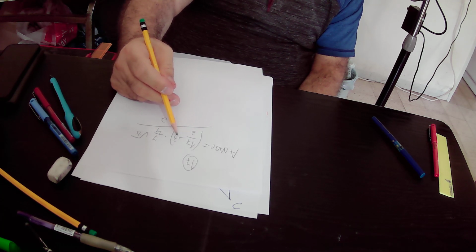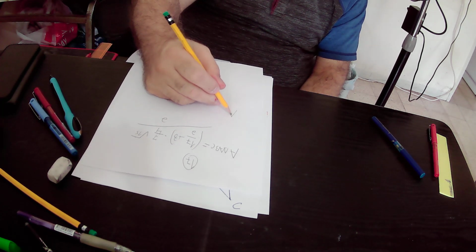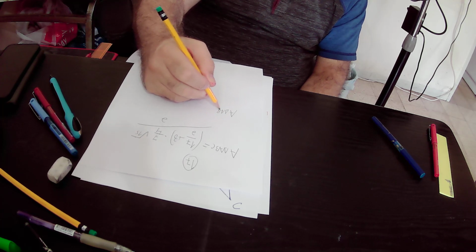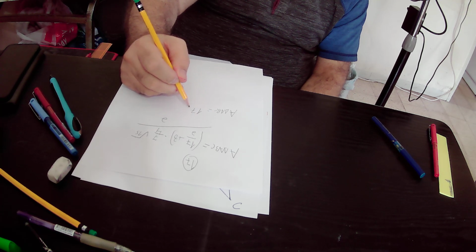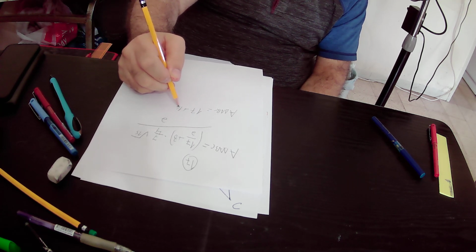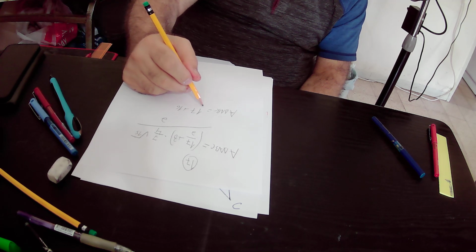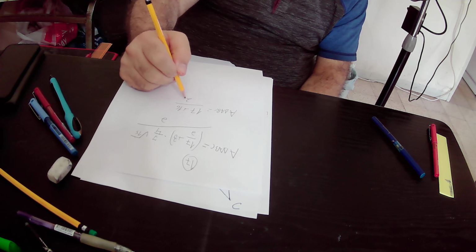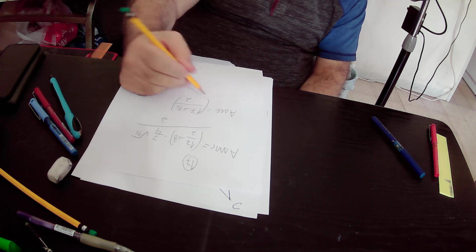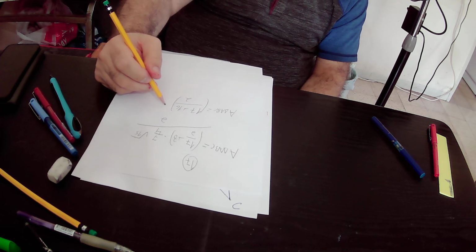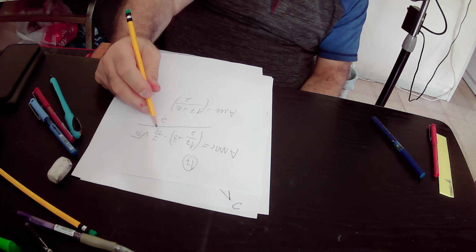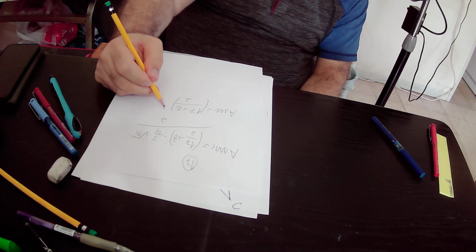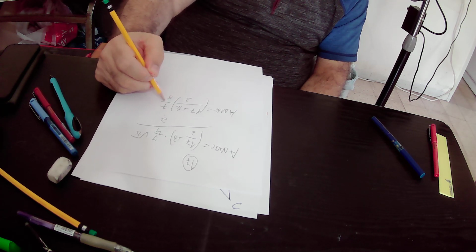Instead of 8 we can write down 16 over 2, and we will get that the area of triangle ABC equals 17 plus 16. 16 over 2 is 8, so we change nothing, times, here we will move 2 to the denominator, so 2 times 4 is 8, so we'll get 8 times root 15.